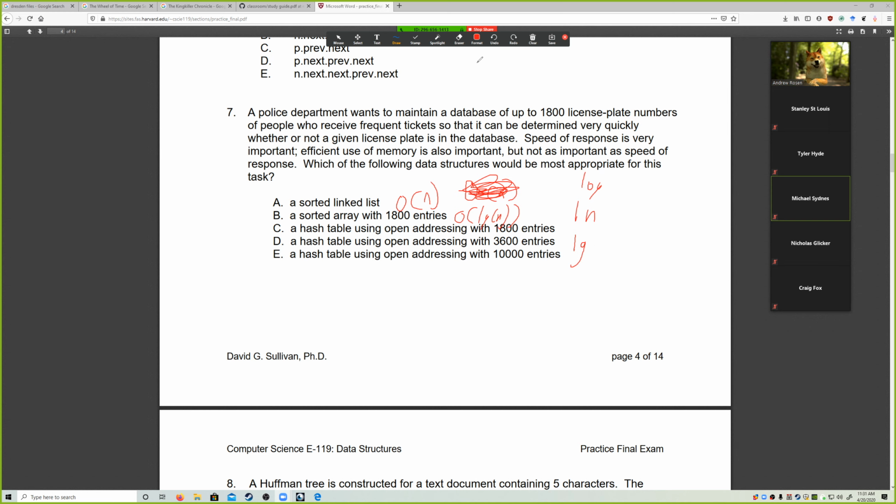Nice reminder there. But the cool thing is that when we are talking about log time in big O notation, log base 2 is the same as natural log and log base 10 in terms of ranking big O. They're all logarithmic time.